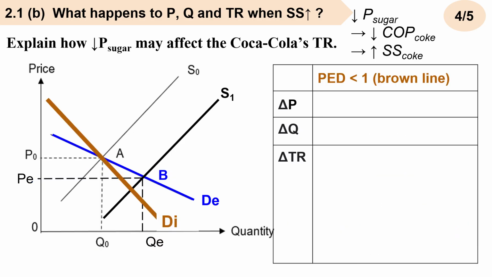It intersects at point A, like this. The original equilibrium. You need to find your original equilibrium, then you draw the demand curve that is price inelastic.